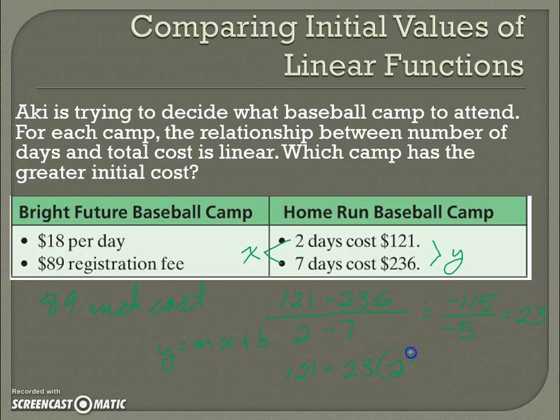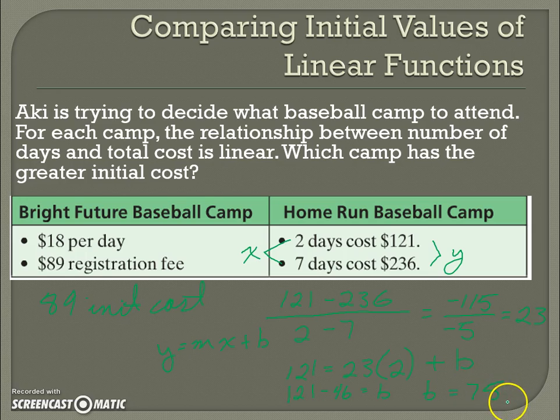So when x is 2, it's 2 times 23 plus b equals 121. And then this is going to give me that b value, which right here is the initial value, or the initial cost. So then I work through this and I get 121 minus 23 times 2, which is 46. So 121 minus 46 is going to equal b. And the b on this one equals 75.